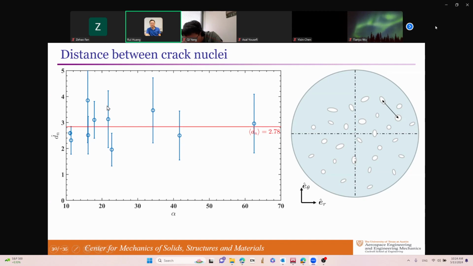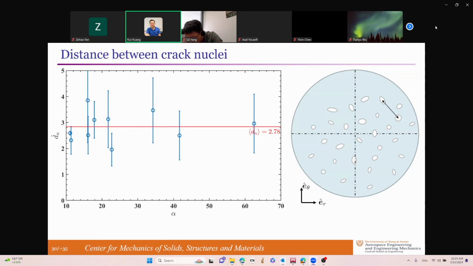And the large lines show you the standard deviation of the distance between nucleation sites, but within that distribution, you see that the distance between nuclei is about 3 times the thickness of the specimen.